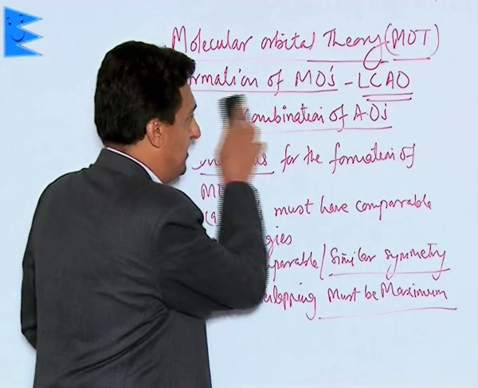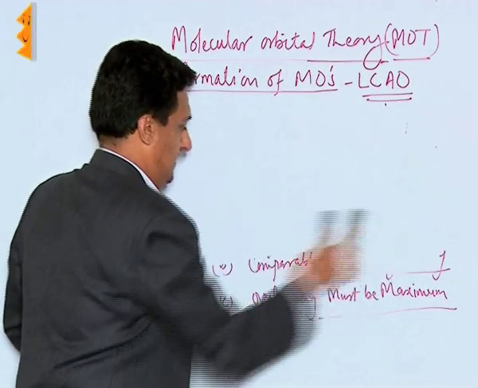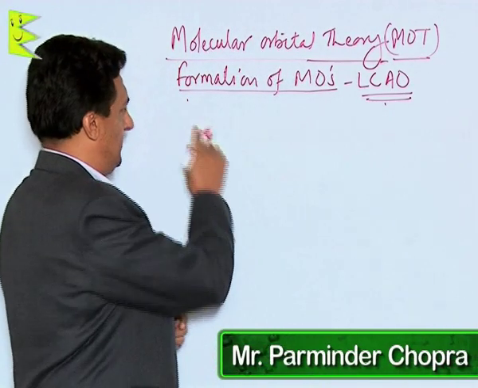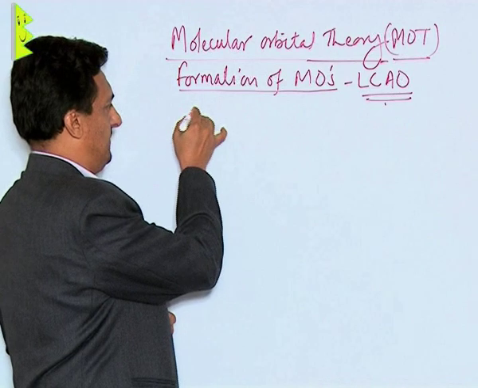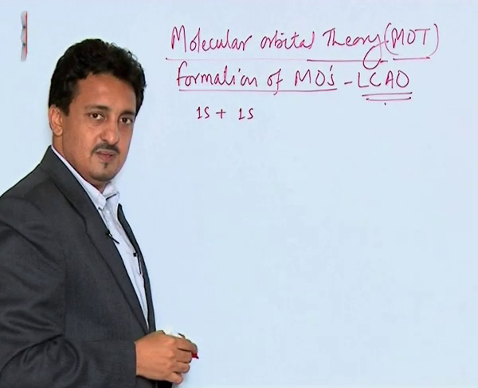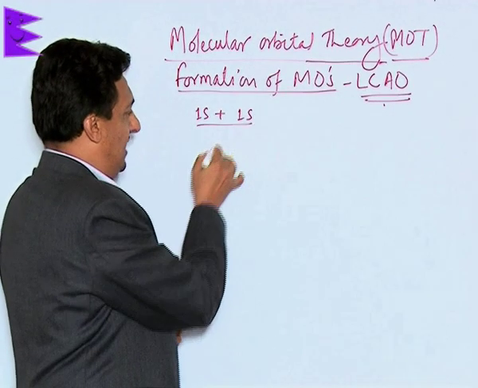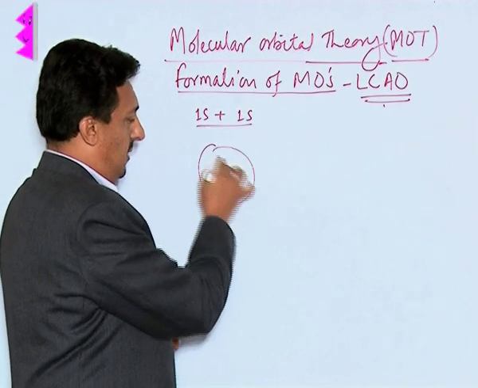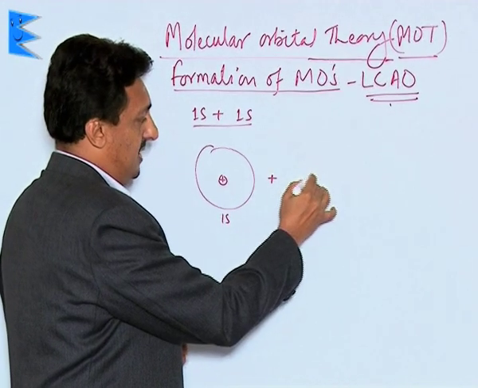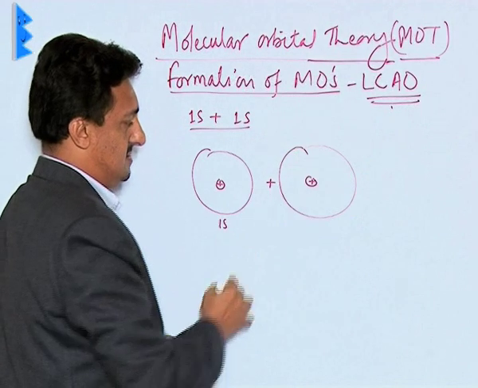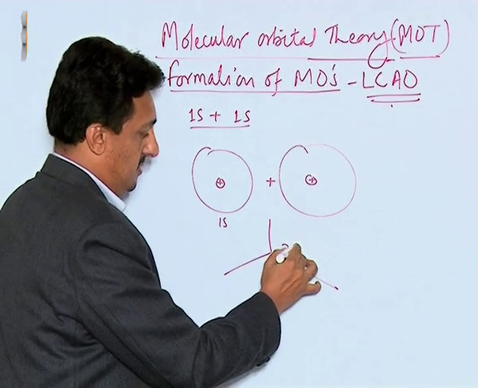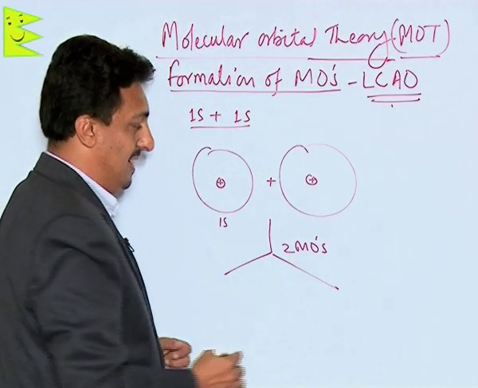Now let us see how this LCAO explains this. Let us take the case of a 1s combining with another 1s. We know two types of molecular orbitals are formed.